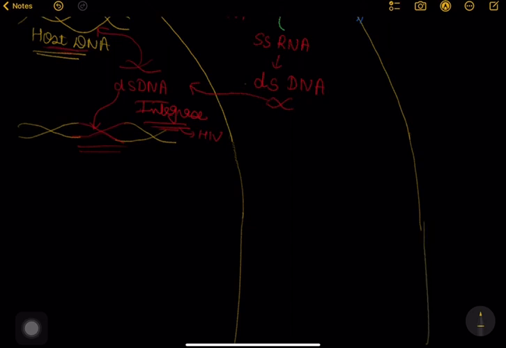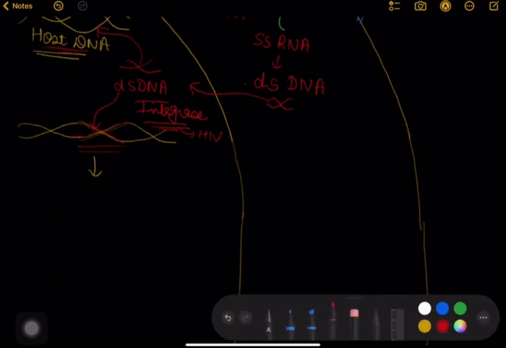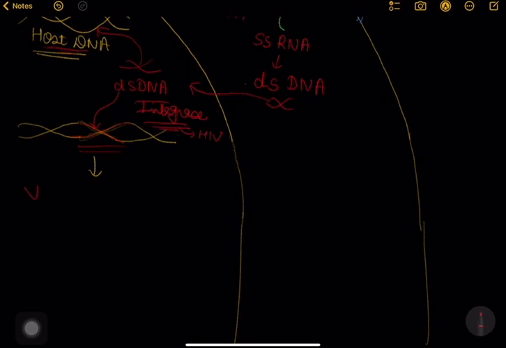So now once this needs to be activated, what's going to happen? Now it is double-stranded DNA but integrated with viral genome, right? So now what's going to happen is, okay, now virus is going to use host cell machinery. Fine, host cell machinery.